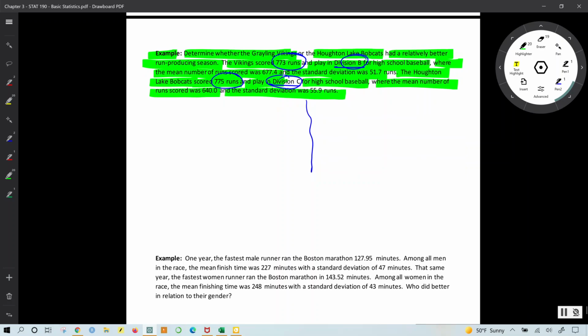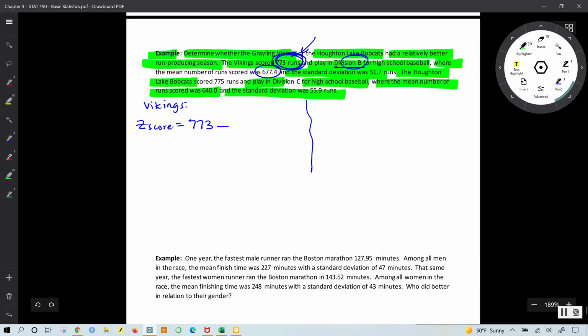But what we can do is use the z-scores for each of these numbers of runs. So for the Vikings, this is what we will do. For the Grayling Vikings, we'll get their own z-score. How? We'll take their raw number of runs, which is 773, minus the average in that league.